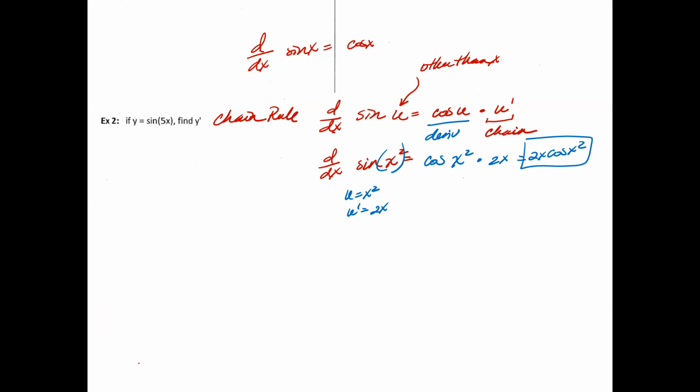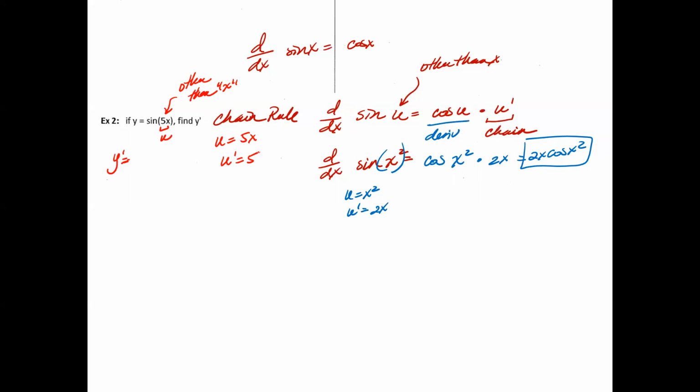Now, example 2 asks you to find, if y equals sine 5x, and again, this is other than just x, find the derivative y prime. So then I could say that this right here is u. So u is 5x. U prime is 5.